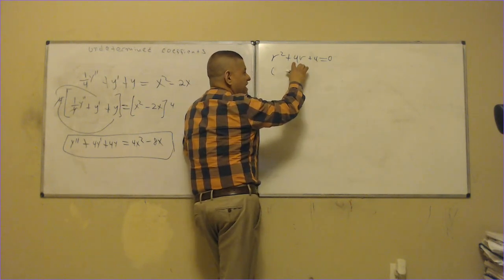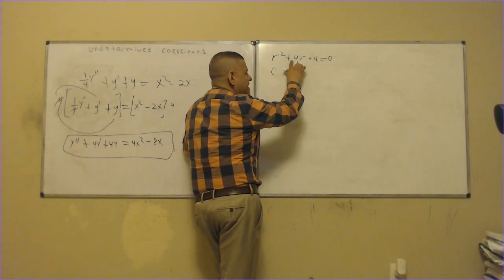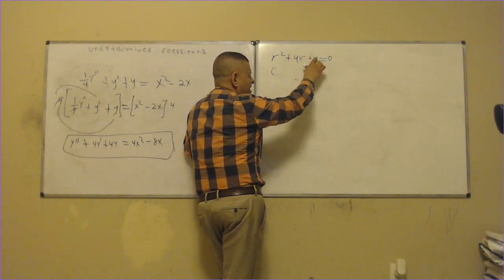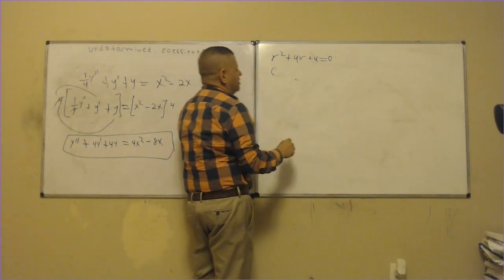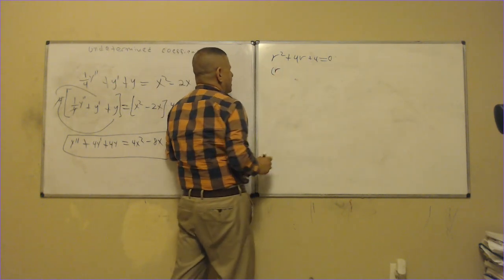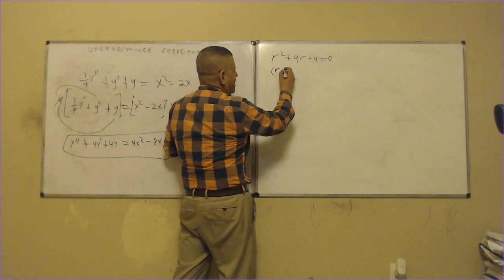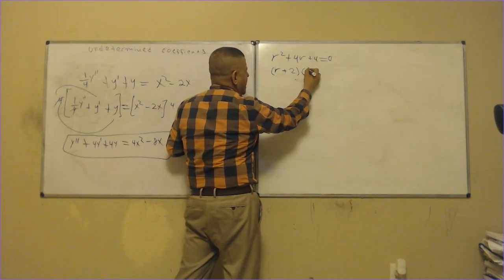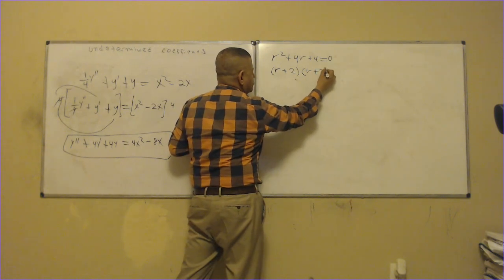We get 4r in the middle and a constant that is a 4. Well, let's try r plus 2 times r plus 2.